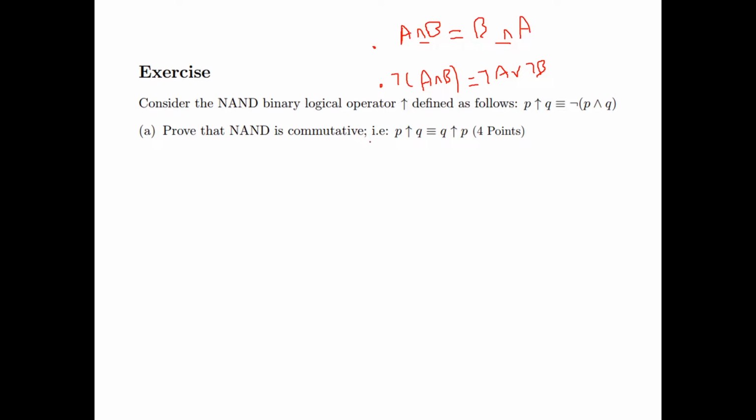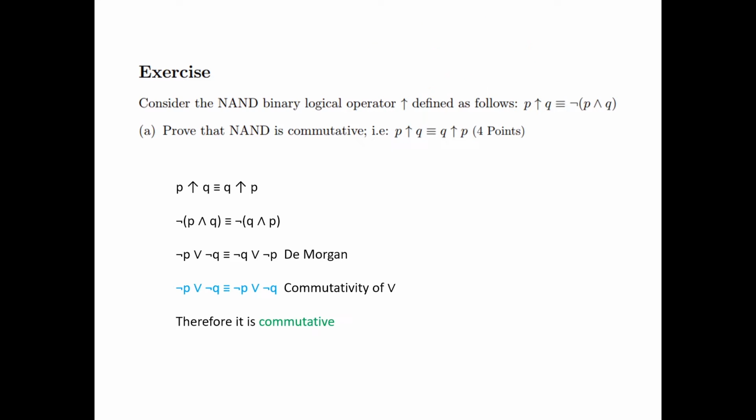Okay? So let's see how this works. So we start off with the original statement. We want to prove that P NAND Q is the same as Q NAND P. So we write a question mark. Is this true? First of all, on both sides, we'll just write the definition.